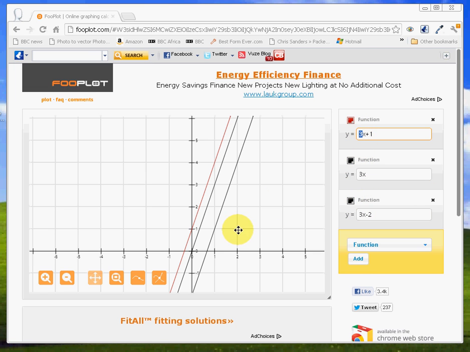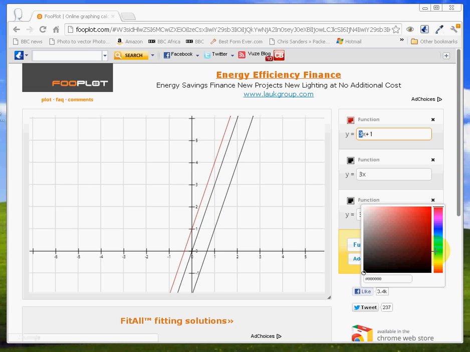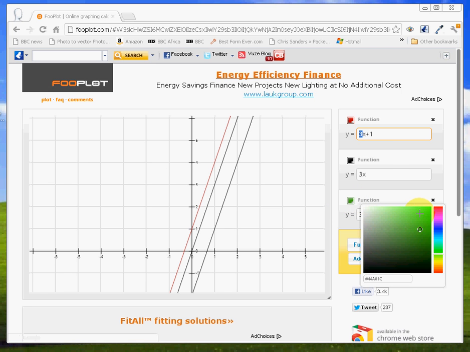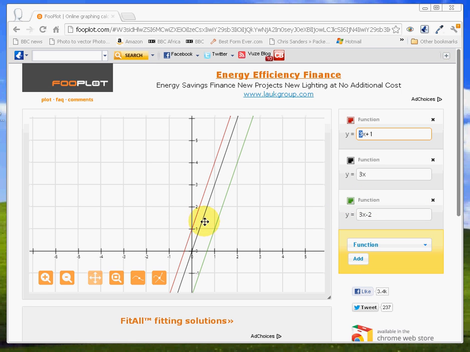If I take this one here, if I go 1 along, I go 1, 2, 3 up. If I take the red line here, 1 along, that's going to be 1, 2, 3 up for the red line. Let's change the colours of these so you can see, something like that. How do I change the colour? Something like that. There we are. I thought it was going to change the colour for me. Oh well.